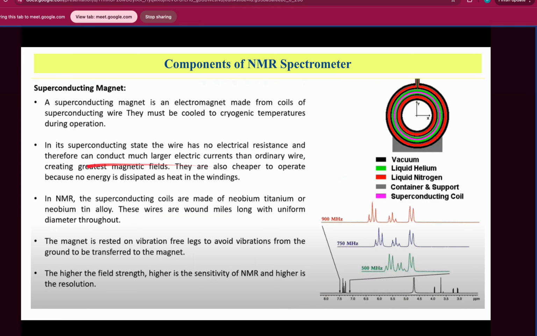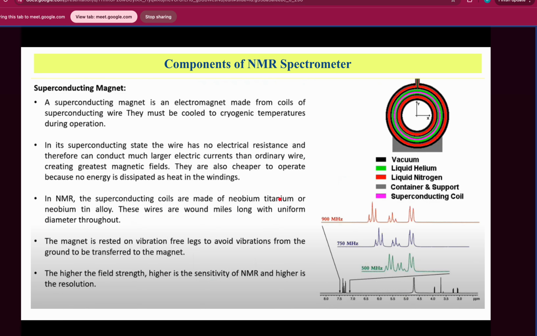They are also cheap to operate because no energy is dissipated as heat in the windings; if there were some resistance, then heat would be generated. But in superconducting magnets, we maintain the cryogenic state and there is no resistance, so there is no heat buildup and no energy dissipation. That is why it becomes cheap. In NMR, the superconducting coils are made of niobium titanium or niobium tin alloys.